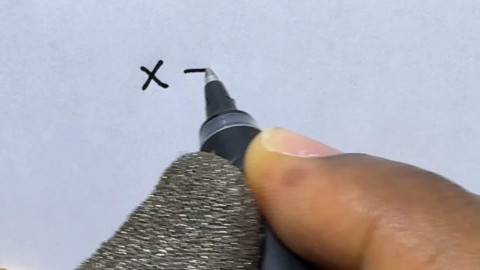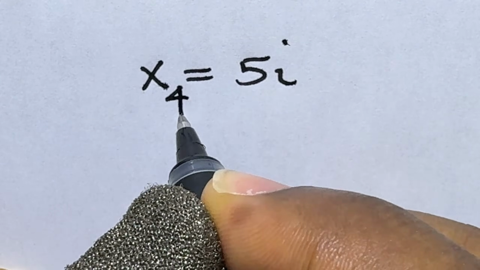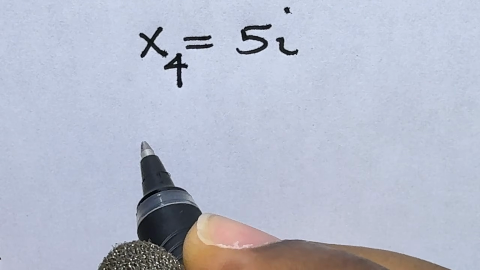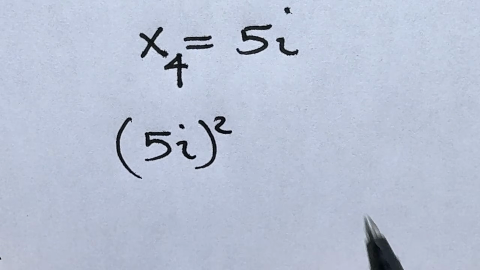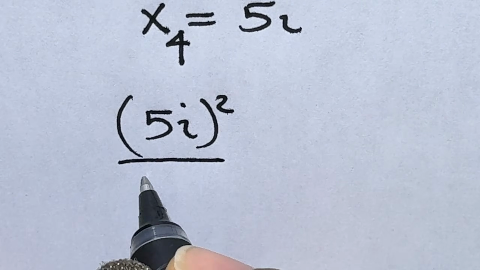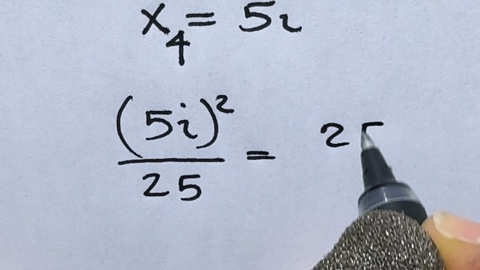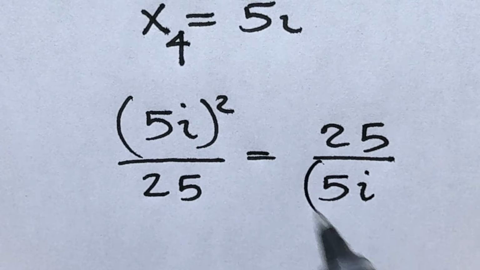And finally, when x is 5i, that's x4, then we have 5i squared divided by 25 is equal to 25 divided by 5i squared.